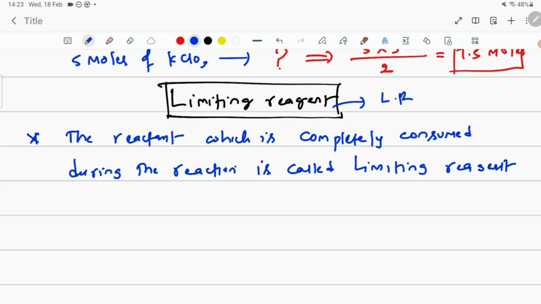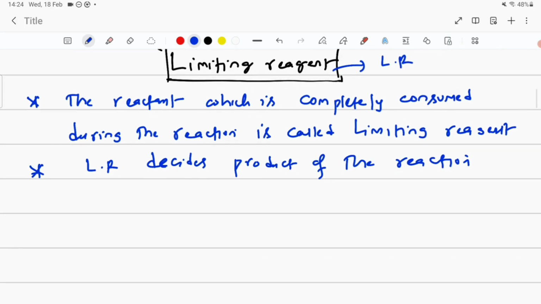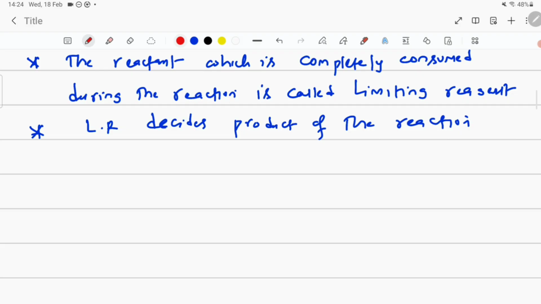So remember, limiting reagent decides the product of the reaction. See, I am giving a general example for understanding.